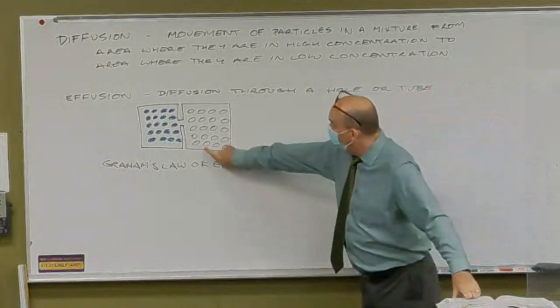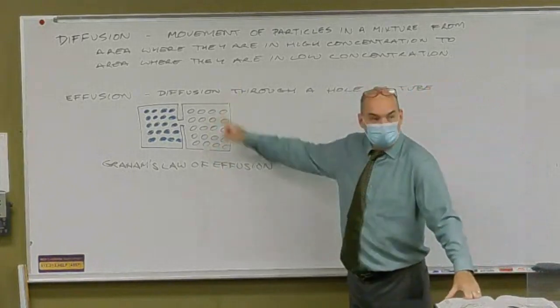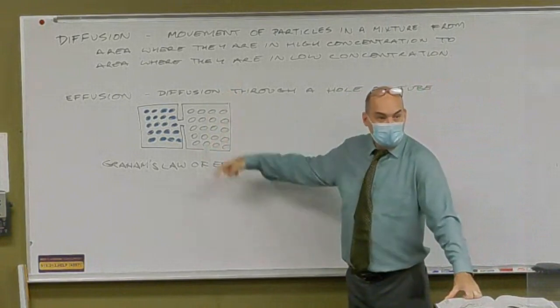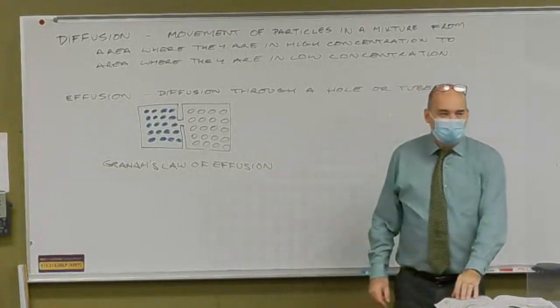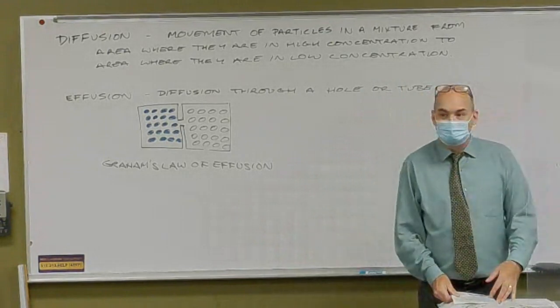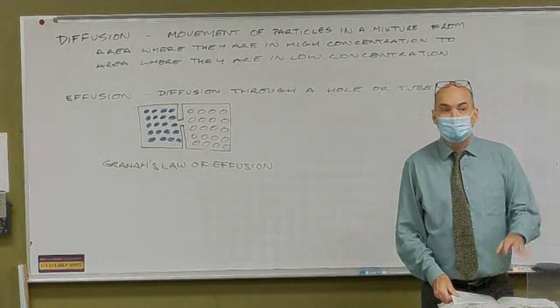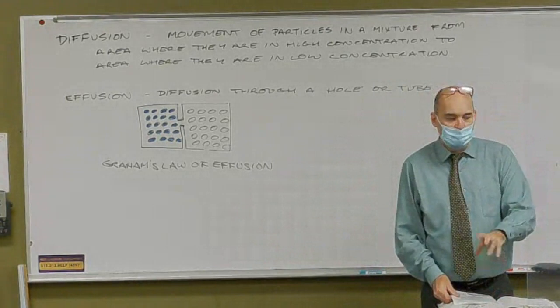If I had a hole and I wanted to measure how many grams of this liquid fell out of the container every second, and I measured that grams per second, would that be a rate? Yes, it would. So what makes a rate be a rate? It's to do with time. It is something divided by time.